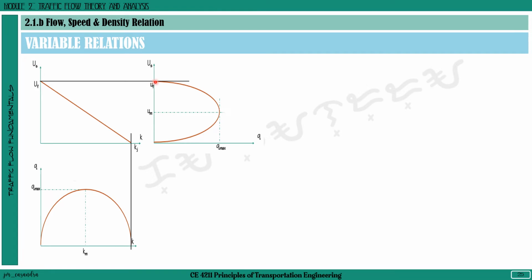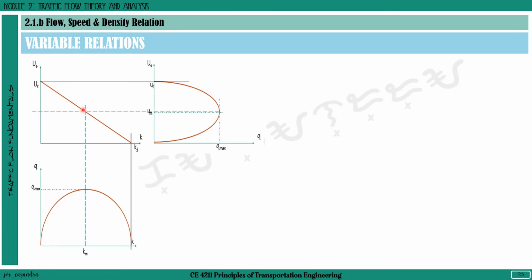Okay, so extending now our optimum speed and your optimum density, it will now be intersecting our linear graph for the speed-density.